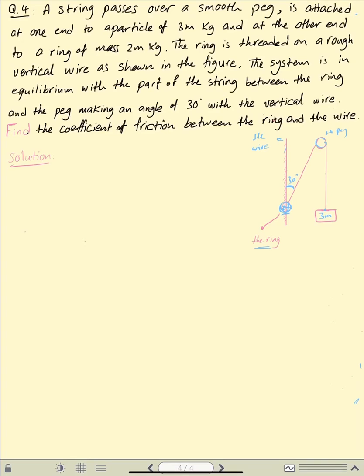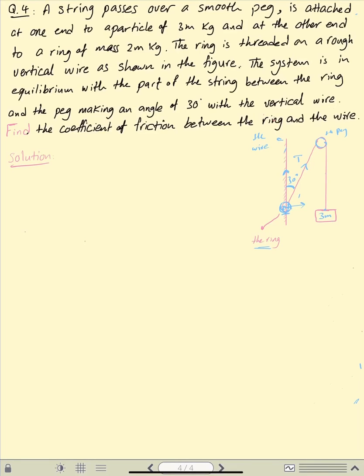Before we start solving the question, what must we do? We resolve the forces in the diagram. Here we have a special idea, you'll see now. Since this is the string, this is T. This is the adjacent component, focus here, and this one is the opposite one.